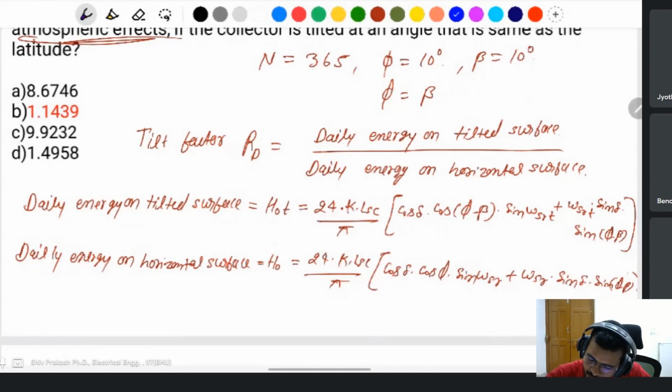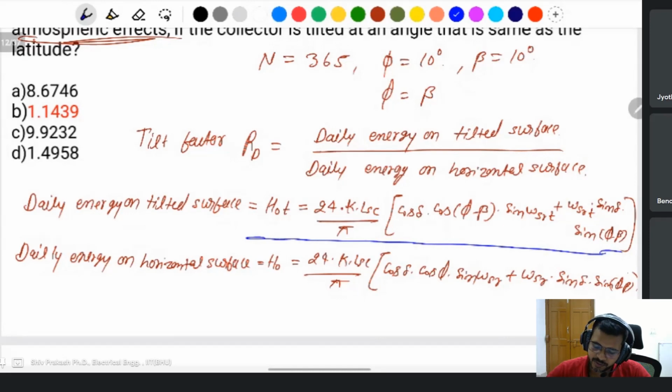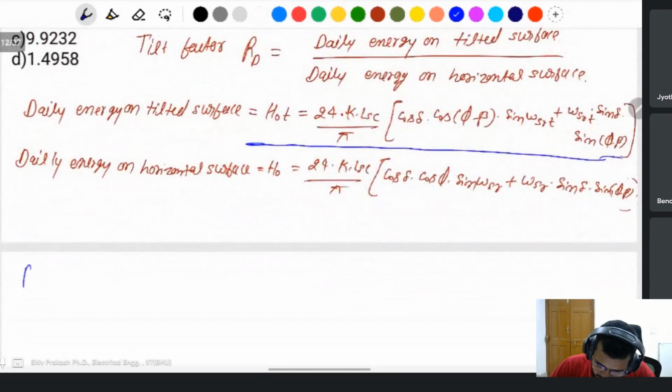You can divide both to take the ratio, the tilt factor. The 24 K_sc divided by pi will cancel out.